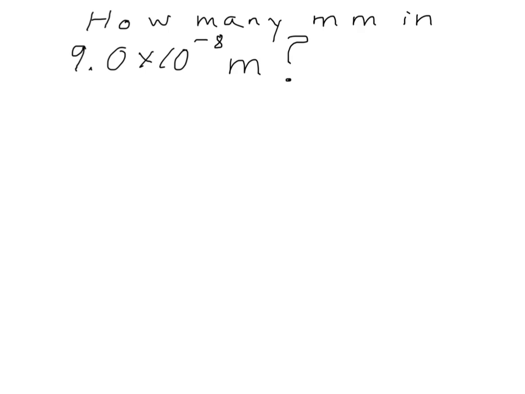Let's take a look at a basic unit conversion. How many millimeters in 9.0 times 10 to the 8th meters? Whenever I'm working a unit conversion, the first thing I do is I ask myself, what do I know about the units involved?